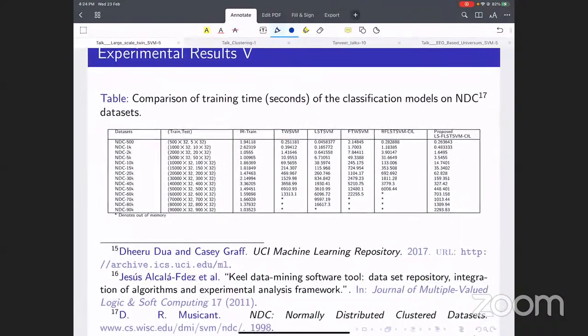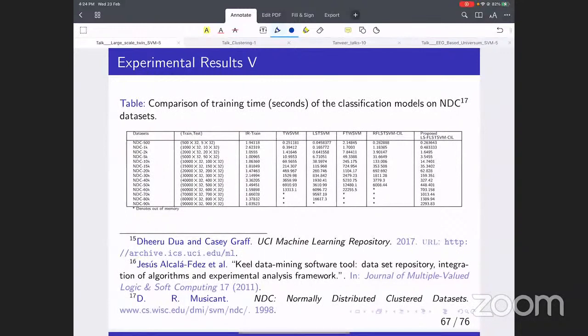So you can see when we are working on the large scale data, the baseline models, which are SVM, LS-SVM, FTW-SVM, RFLS-SVM, and this is our proposed formulation. You can see that all the baseline models failed when we increase the size of the data set.